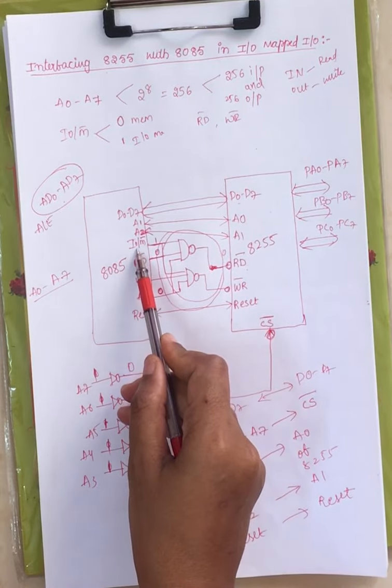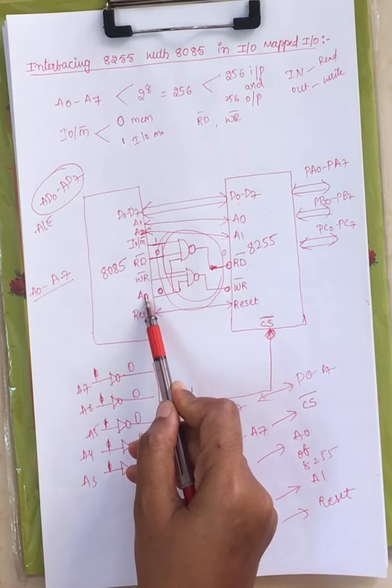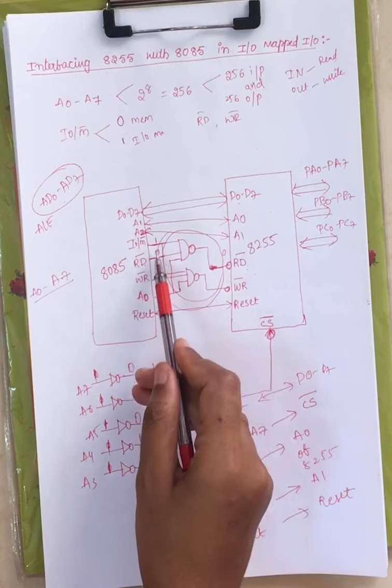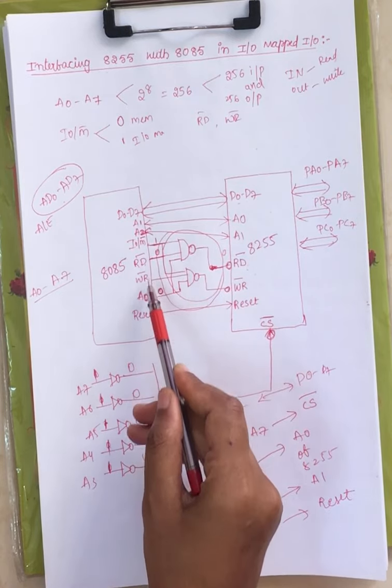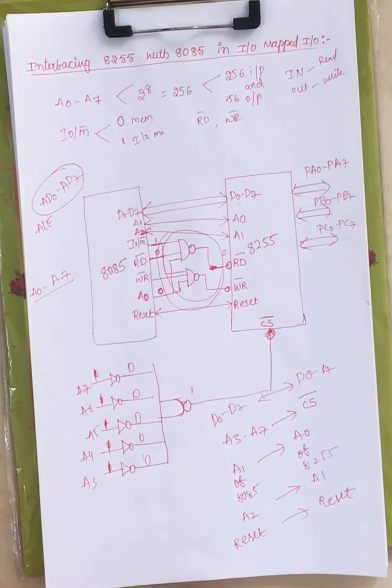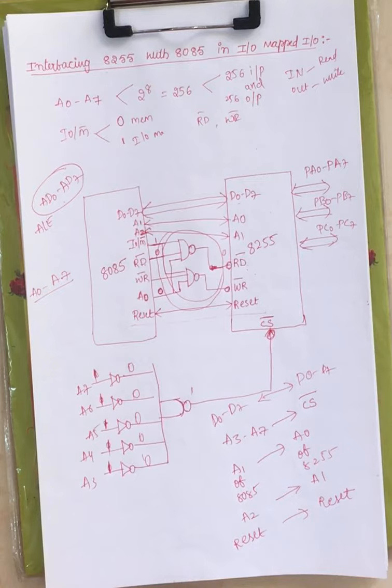Now similarly IO/memory bar, read signal along with address line A0, these are NAND gated, inverted and given to the RD signal, and IO/memory bar signal with the write signal and A0 NAND gated, bubbled and given to the write signal, right? Now reset of 8085 is connected to reset of 8255.